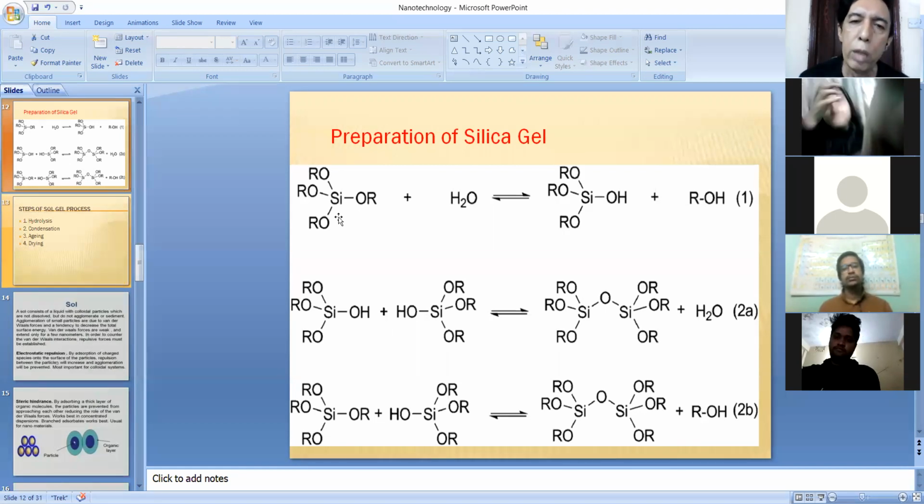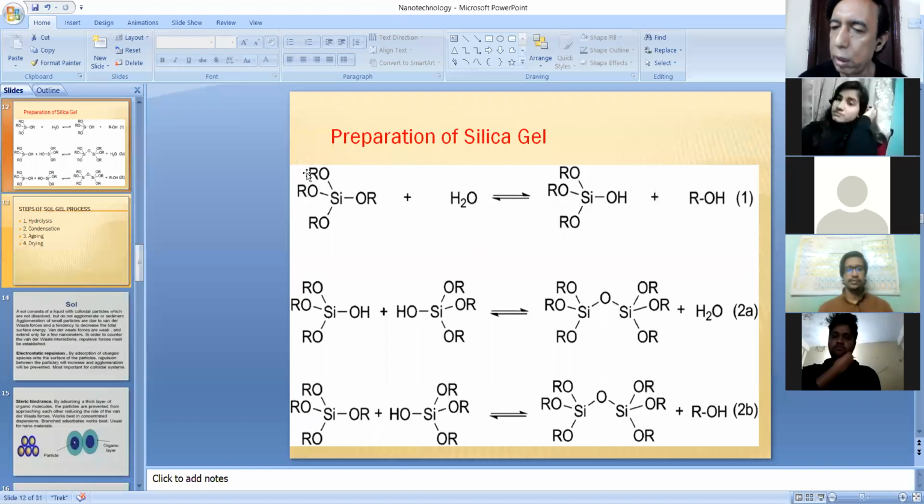Now, to prepare silica gel, actually, silica gel means a gel with silicon. It is a widely used gel. To prepare silica gel, we can use tetraethoxysilane or tetramethoxysilane as precursor.